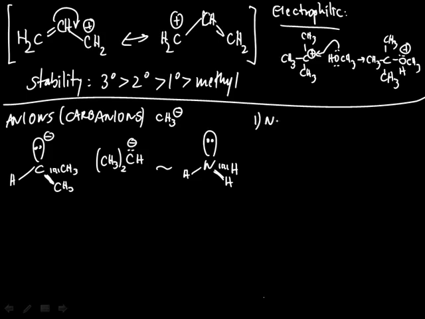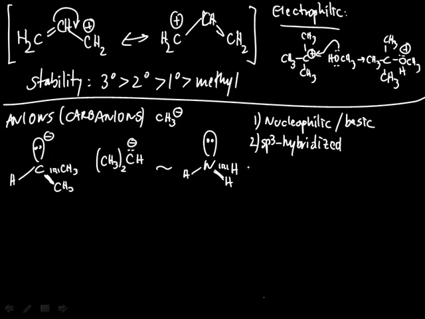Now these are nucleophilic. Because they have surplus electrons, they will seek a nucleus to bind to. They're sp3 hybridized. Since they're carbon-based, their conjugate acids are alkanes, and so they're also very basic. That's an important point.